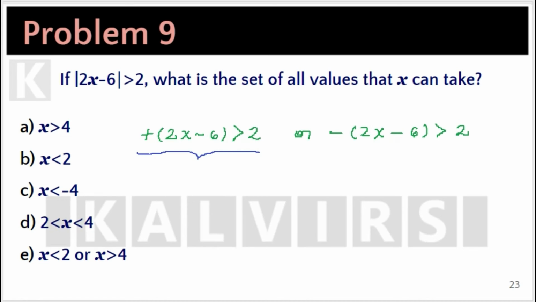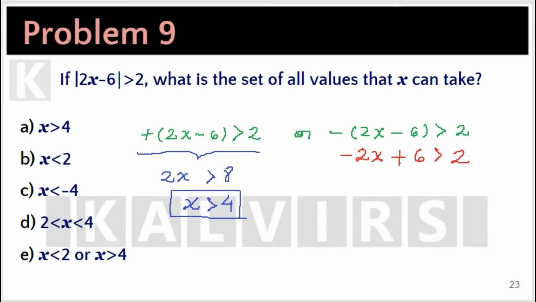I'll start with the one on the right side. 2 times x is greater than 8. x is greater than 4. Now, negative 2 times x plus 6 is greater than 2. 2 times x is less than 4.